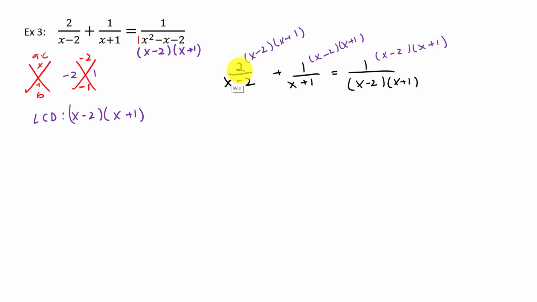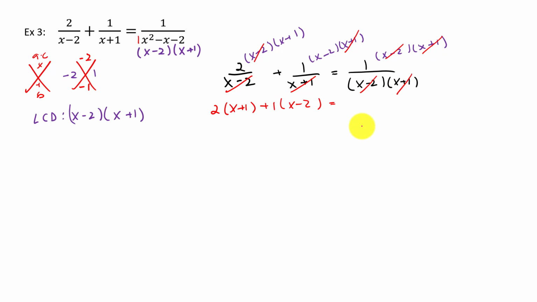Notice this is really like 2 times x minus 2 times x plus 1 in the top now, so these x minus 2's cancel off. We will have left over 2 times x plus 1. On the second term, the x plus 1's will cancel off, giving us 1 times x minus 2. And on the back, the x minus 2 will cancel, the x plus 1 will cancel.